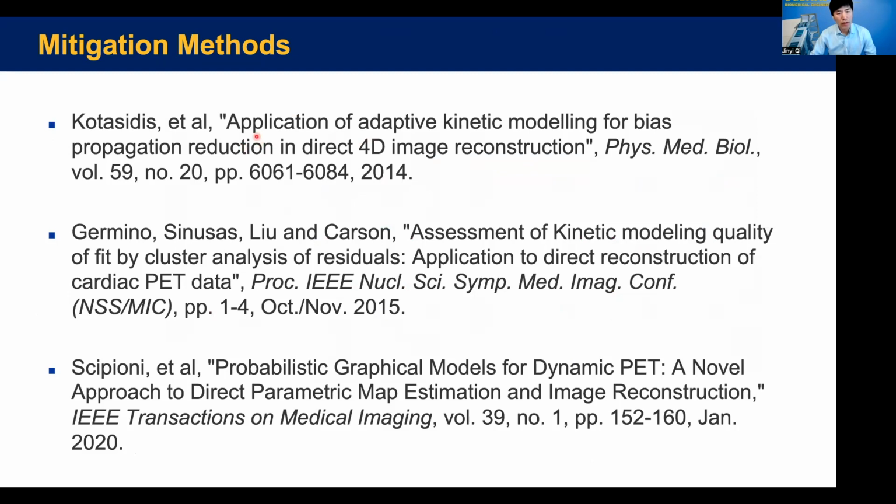One example is to use adaptive kinetic modeling, with a secondary basis function, or to use clustering methods to identify the regions of model mismatch. Another work uses a probabilistic graphical model to model the uncertainty in the kinetic model at every point. That can mitigate this bias propagation issue as well.